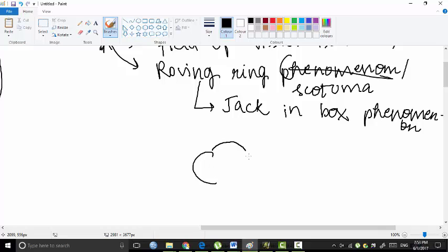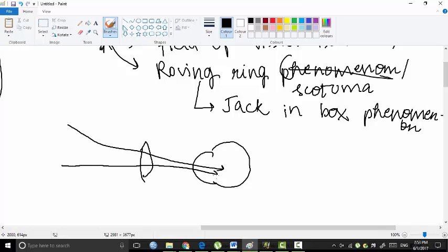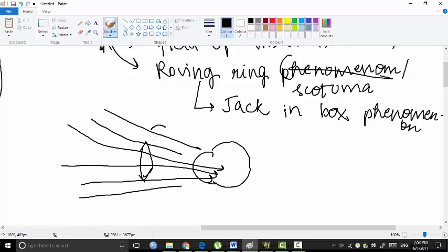Just imagine this is the eye and here there is a lens. The rays come through the lens and fall like this, but those rays which are a little away, these parts of the rays, cannot pass through the spectacles or lens which we use outside.